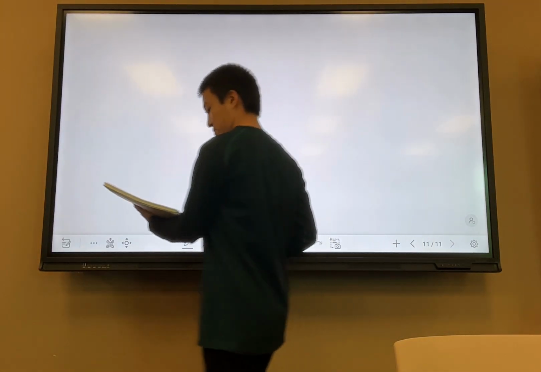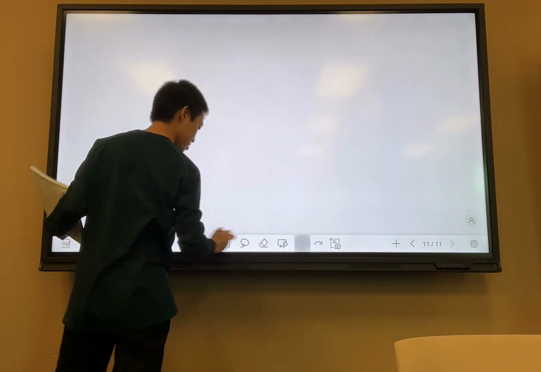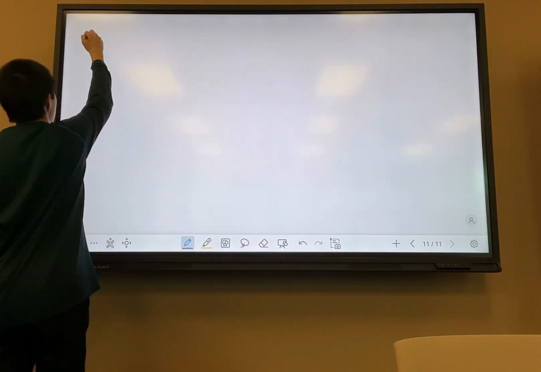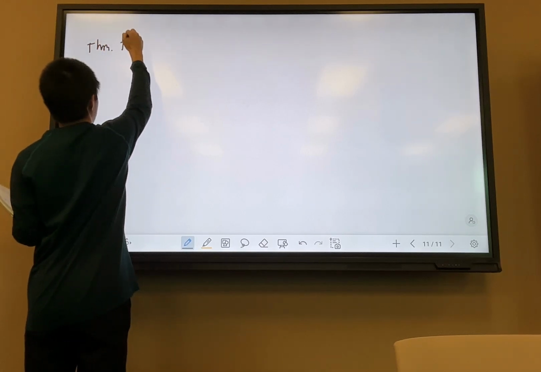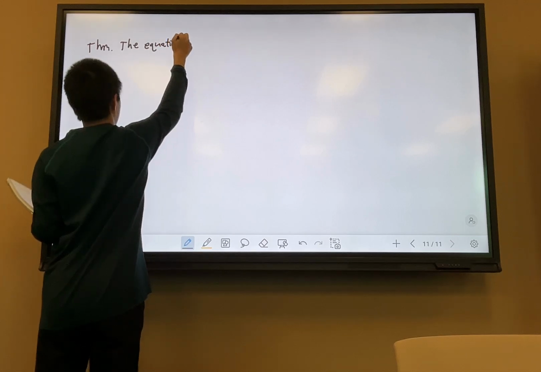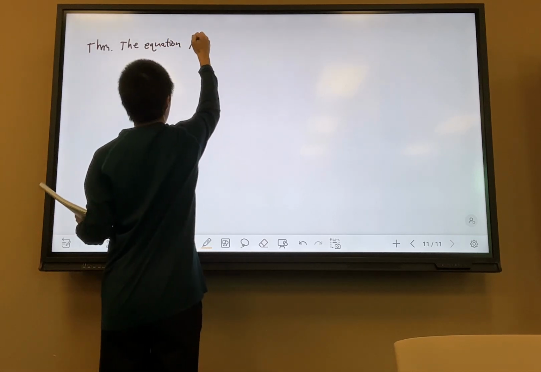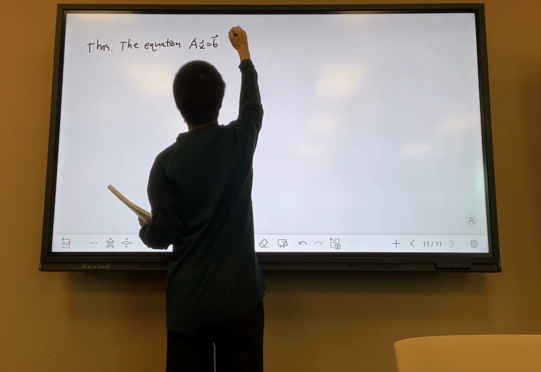One of those facts is a theorem: the matrix equation Ax equals b has a solution.